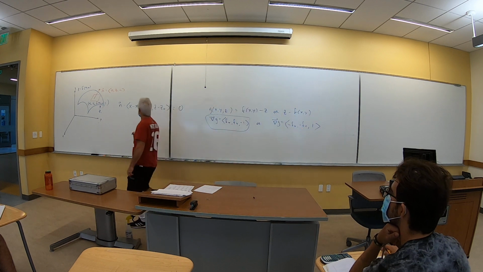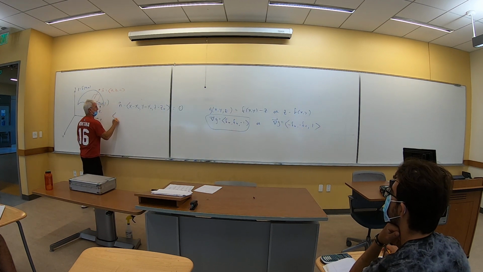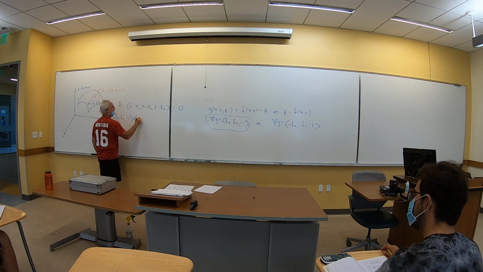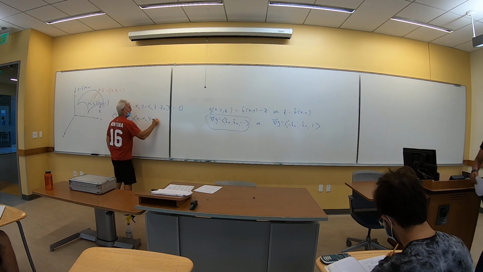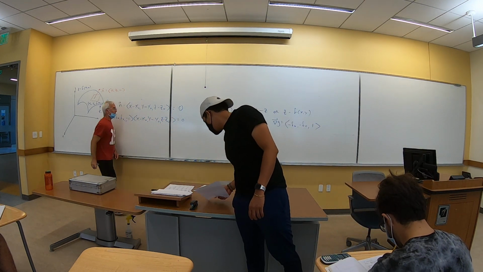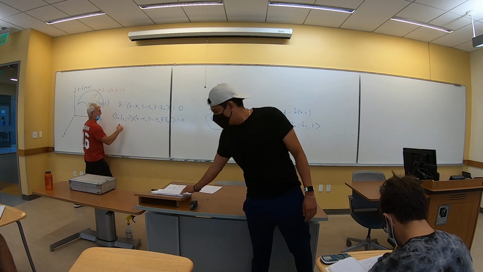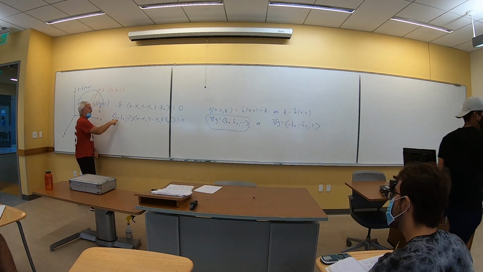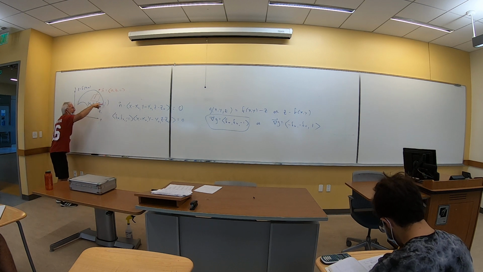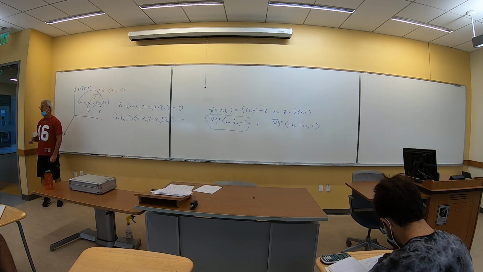So, I'm going to change this now to fx, fy, -1 dotted with this. And when I do that, I'm going to get what? By the way, these are evaluated at x naught, y naught, z naught.